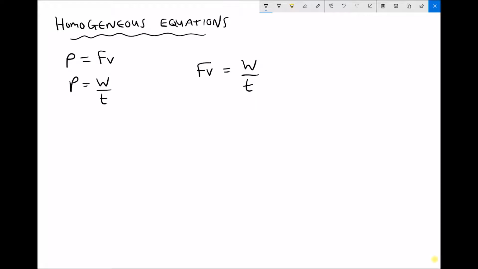Now I've just created that equation, but what I need to check is that it is homogeneous with respect to its dimensions. So I'm going to inspect the left-hand side first of all, and I'm inspecting the dimensions, remember the square brackets, of force times velocity.